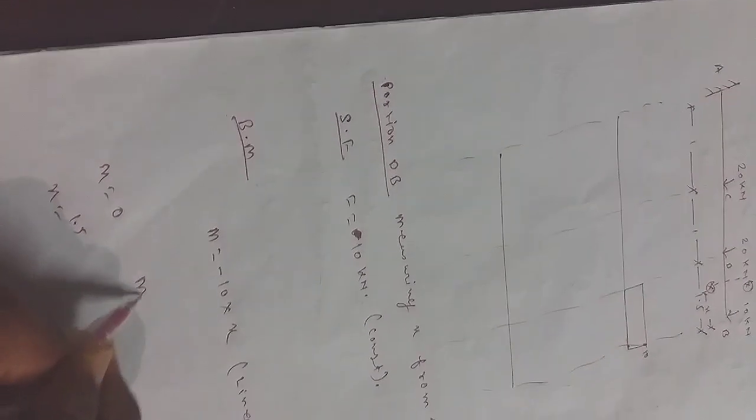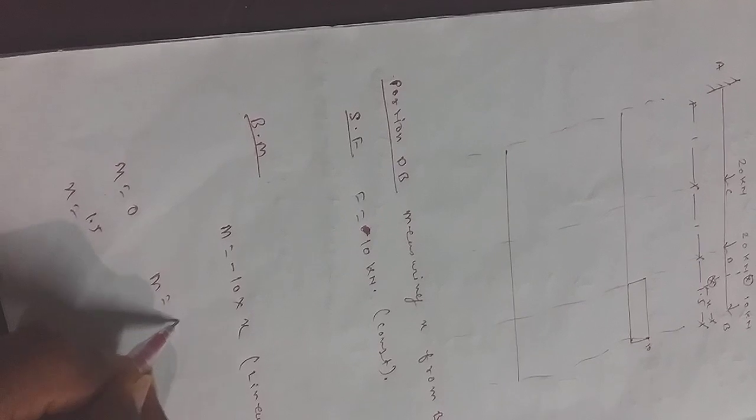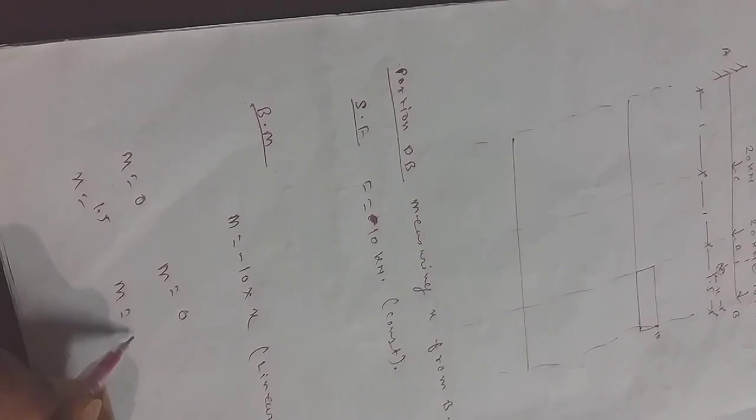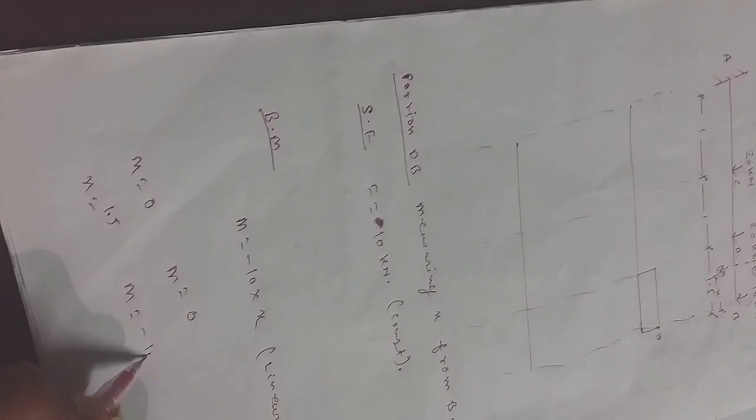Now putting the boundary conditions x equal to 0 and x equal to 1.5 meter, the D point, we get the moment at x equal to 0 as 0, and the moment at x equal to 1.5 as minus 10 into 1.5, which is minus 15 kilonewton-meter. Let's join this, 0 here and 15 here, with a straight line. So for portion DB, I have found the shear force diagram and bending moment diagram.